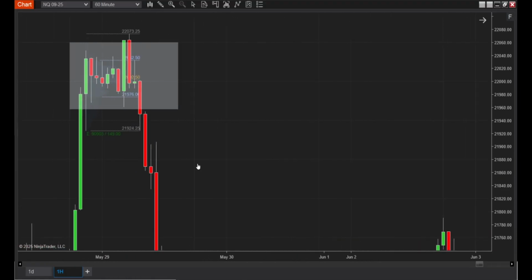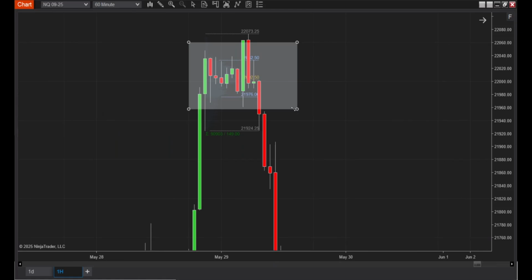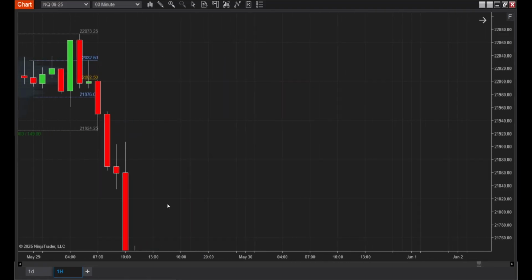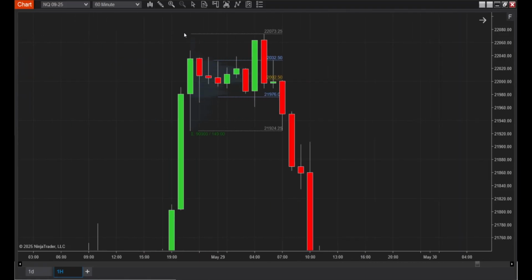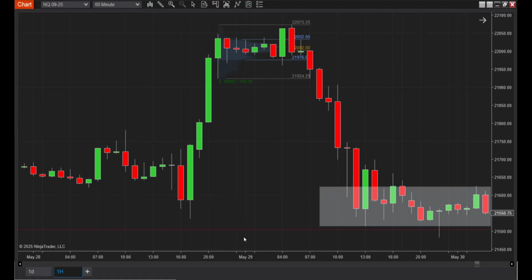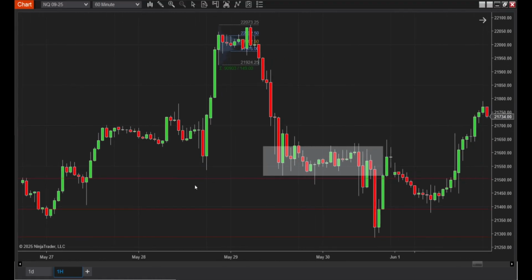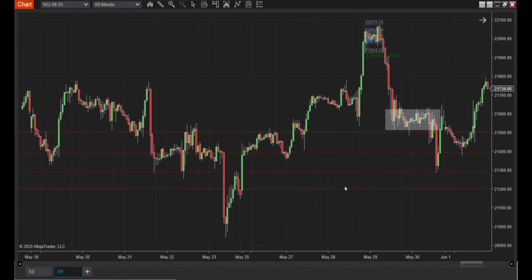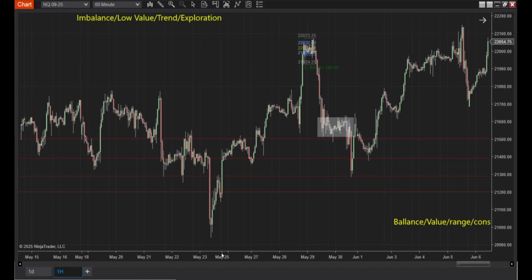And we have another range. Let's take this out of the way. There's our range, and we have a balanced profile. So range, balance, value, it all flows together.